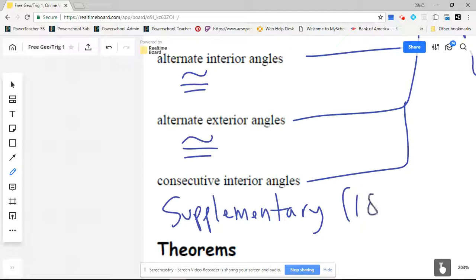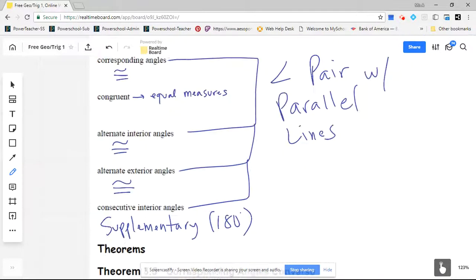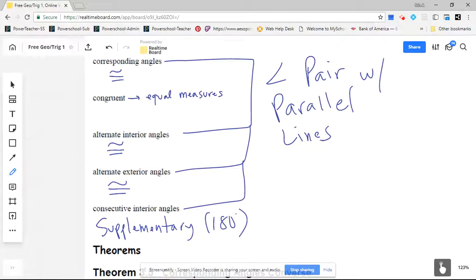And next to that, I'll put 180 degrees. So that's what we said yesterday about those four pairs of angles when you have parallel lines. If the lines are parallel, then you've got three of them that are congruent pairs and one of them that's going to be a pair that adds up to 180.